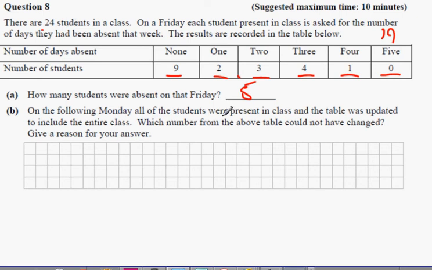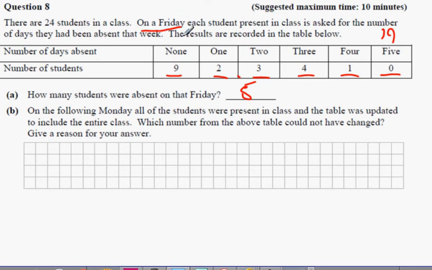Okay? So on the following Monday, all the students were present in class and the table was updated to include the entire class. Which number from the above table could not have changed? Why did you say none? So it says specifically on Friday.